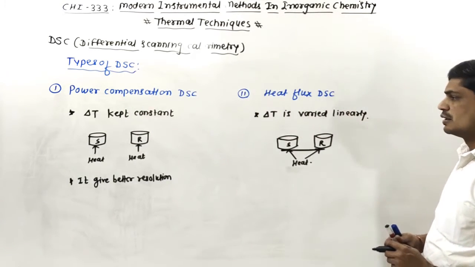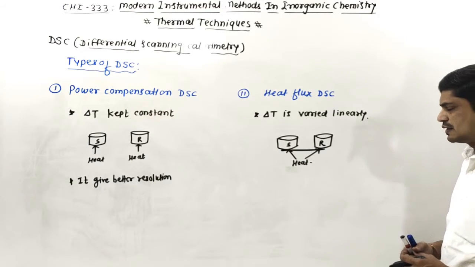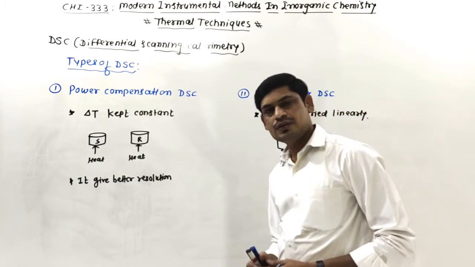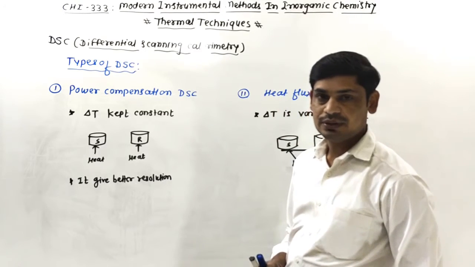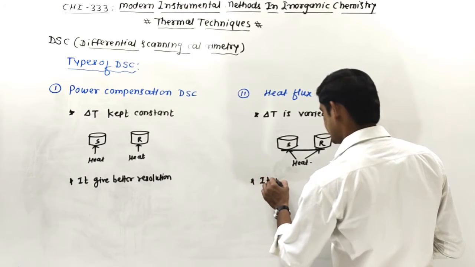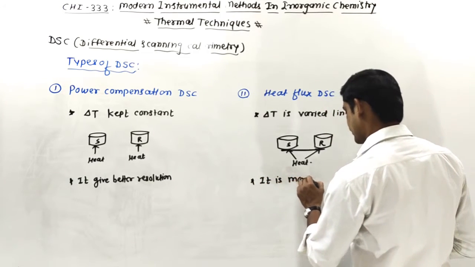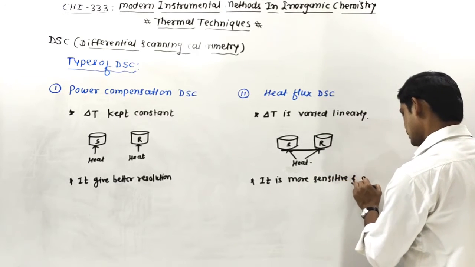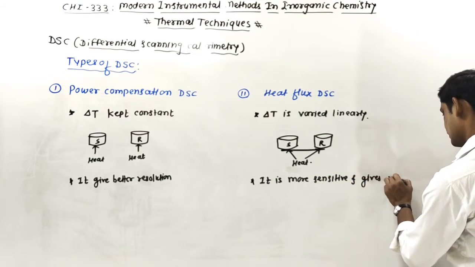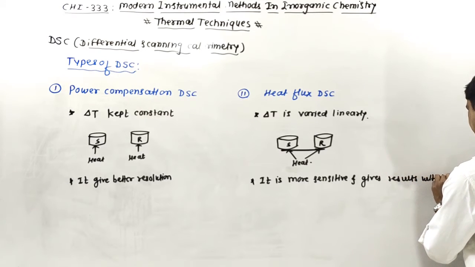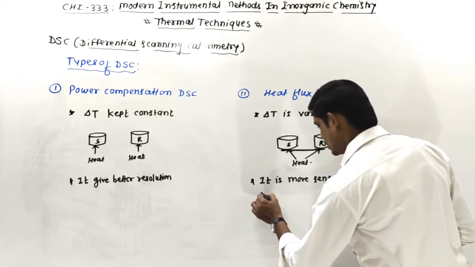Whereas the heat flux DSC is more sensitive and gives results with a low resolution.